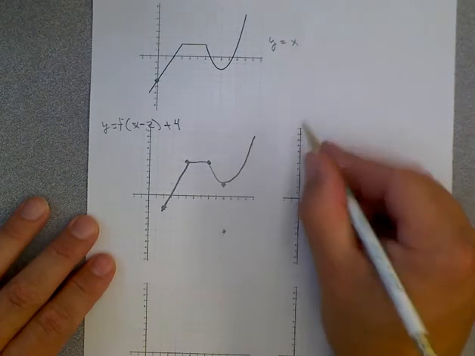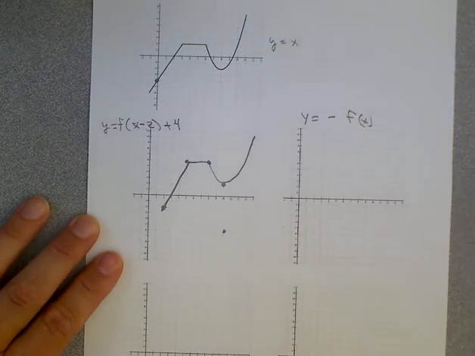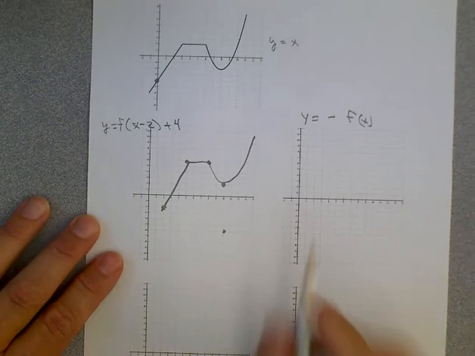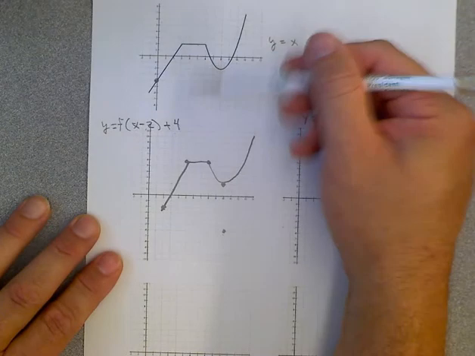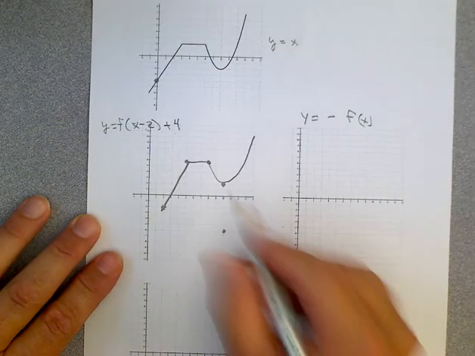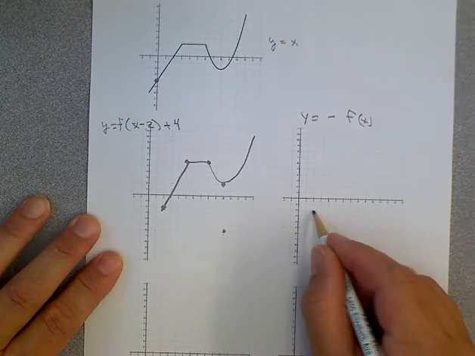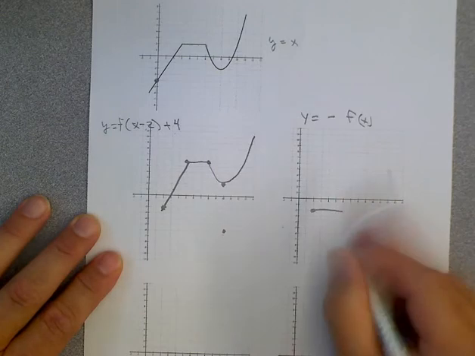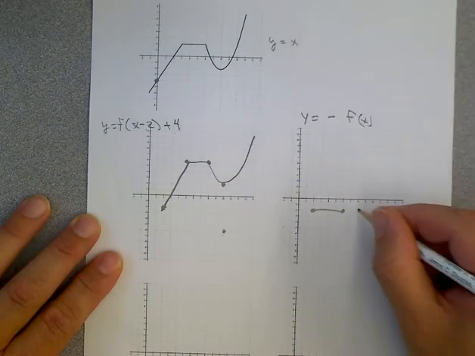So let's say I have y equals negative f of x. Well, this is the a value, which means that everything here is going to be flipped over the x-axis. So this point that is 2, 2 will become 2, negative 2, and it'll go out 1, 2, 3 spaces. This point that was 8, negative 2 becomes 8, positive 2.